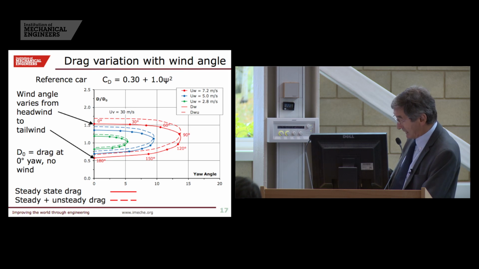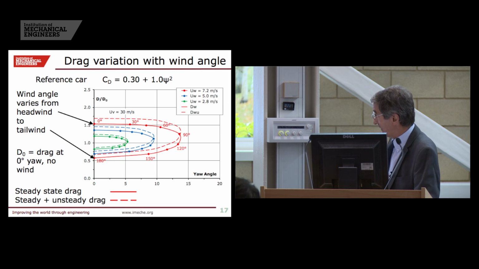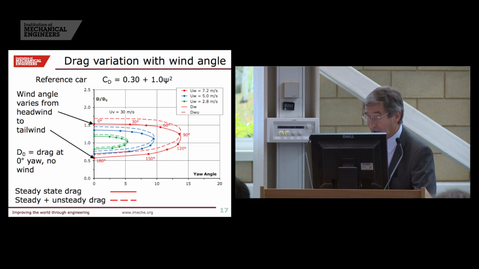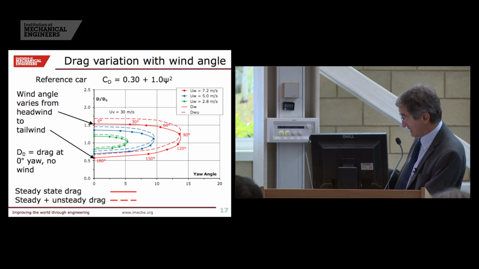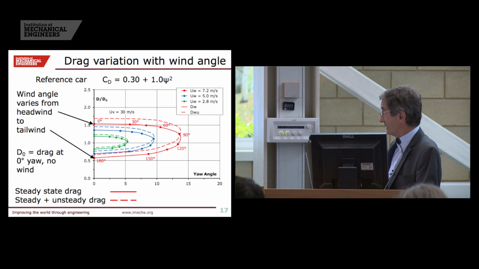And then if we look at the way that drag varies for different wind angles, and I've looked at drag rather than coefficient, because clearly if we have a headwind or a tailwind, the drag coefficient is the same, but the drag is very different.